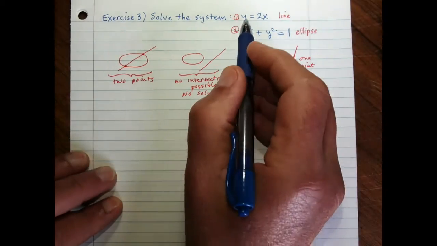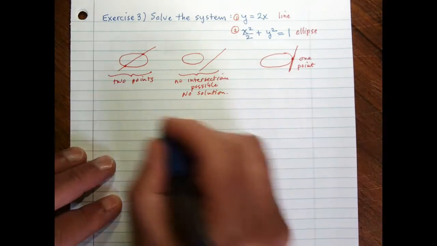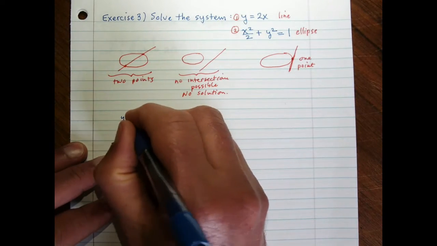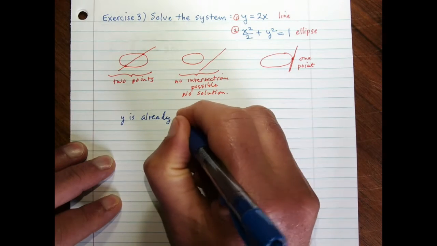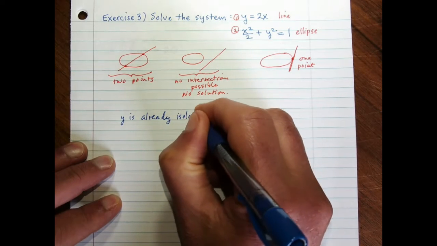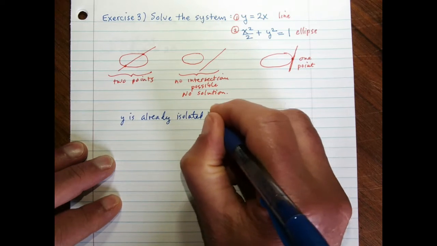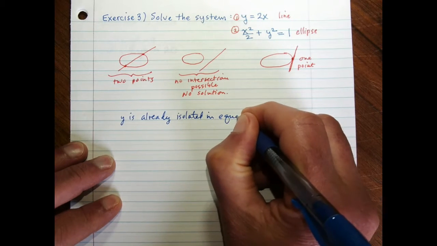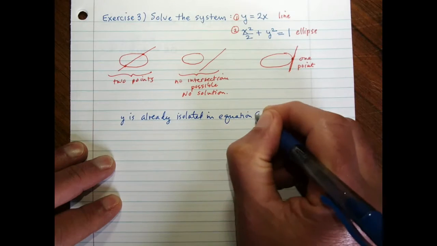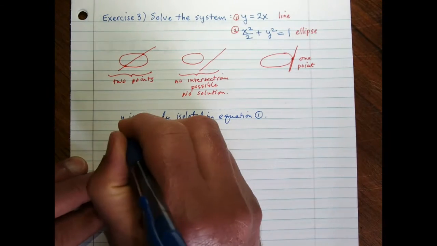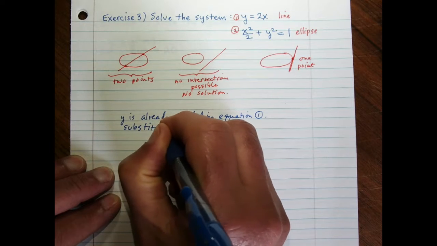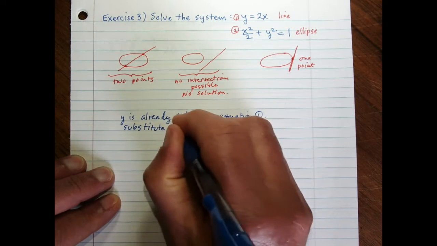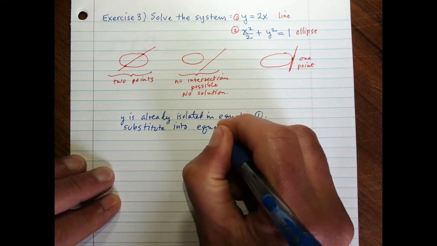And notice that in equation 1, y is already isolated. So we can substitute into equation 2.